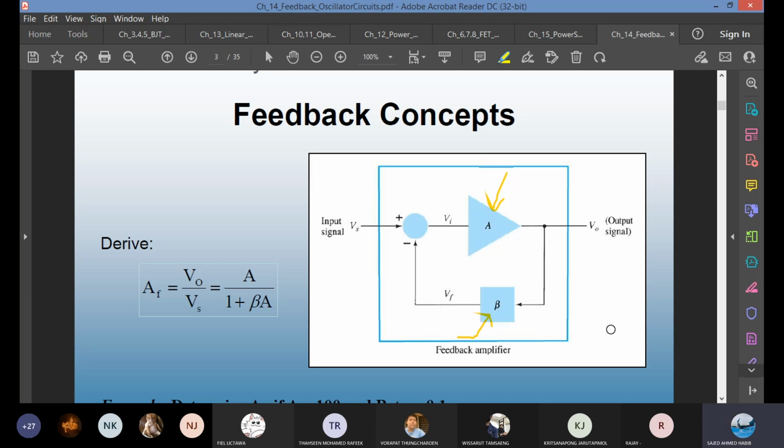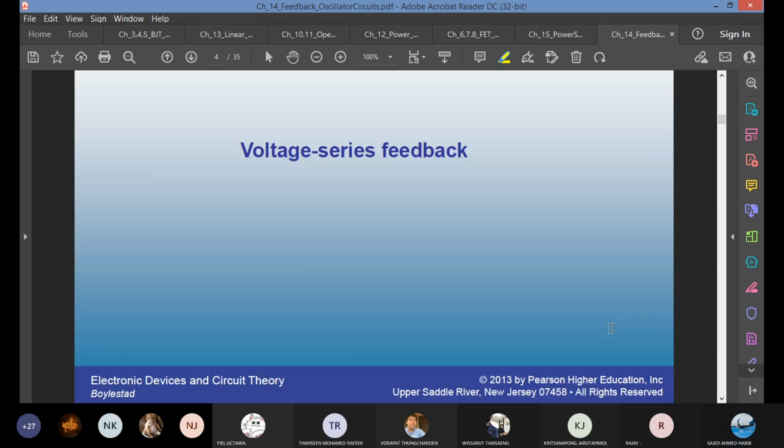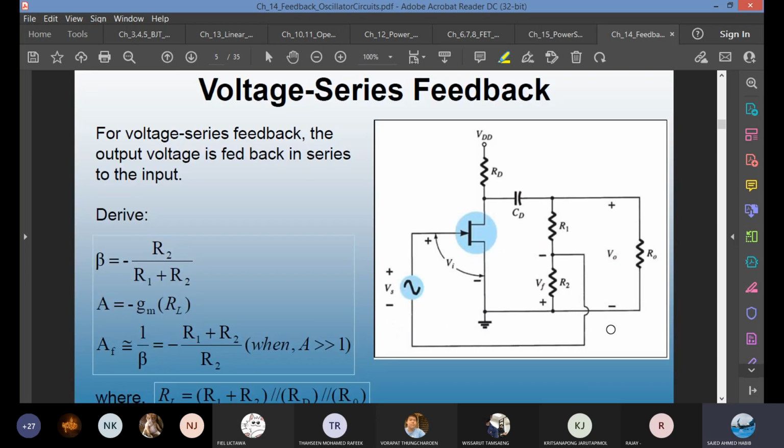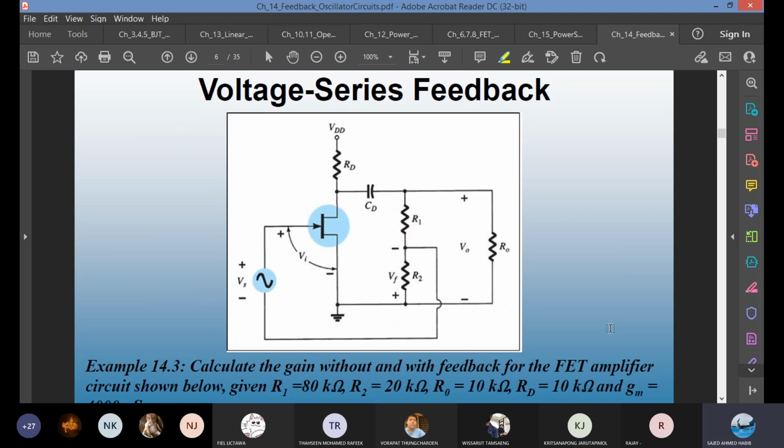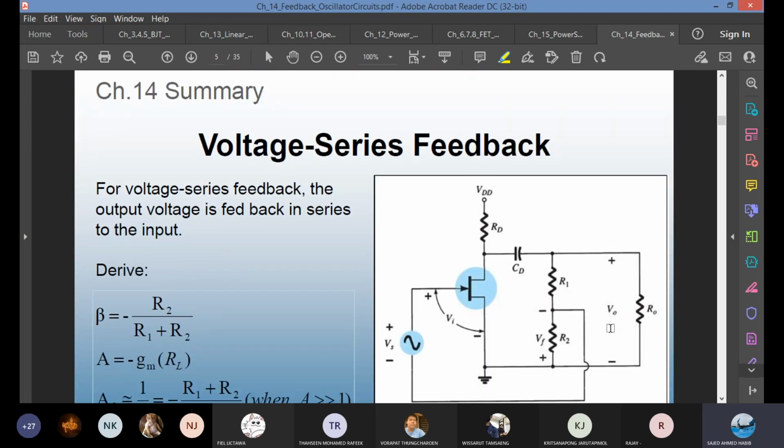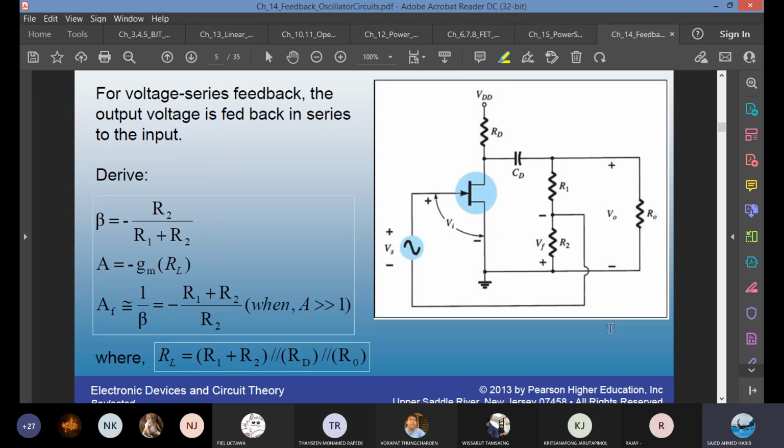Then we studied how to use actual elements to build these networks. This is one of the actual examples using a JFET and resistors, voltage series feedback. You see the part of the output is fed back onto the input side.